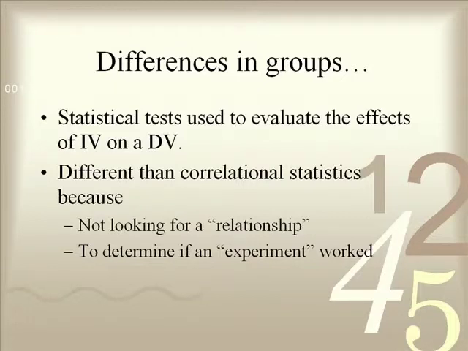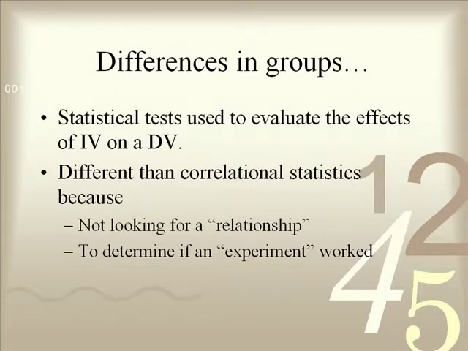These statistical tests are different than correlational statistics because we're not looking for any kind of relationship between the variables at all. We're actually looking to determine if an experiment or a treatment or something that we've done to our groups has actually worked. And what I mean by different groups is exactly what it sounds like.